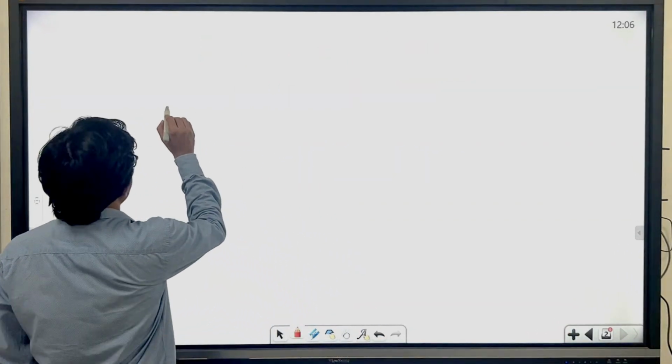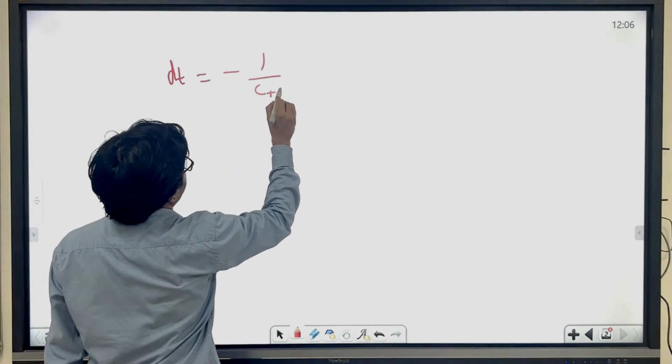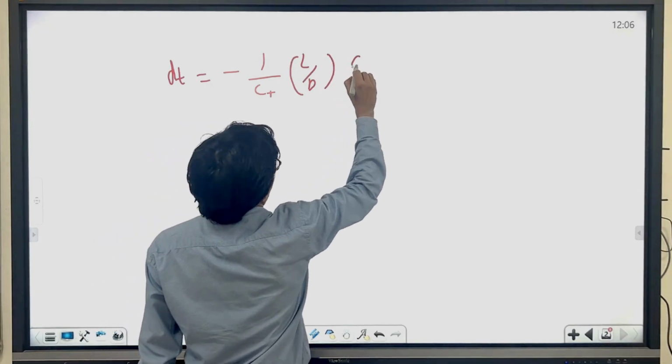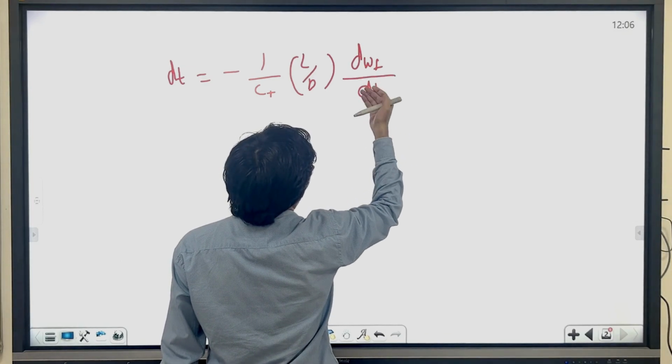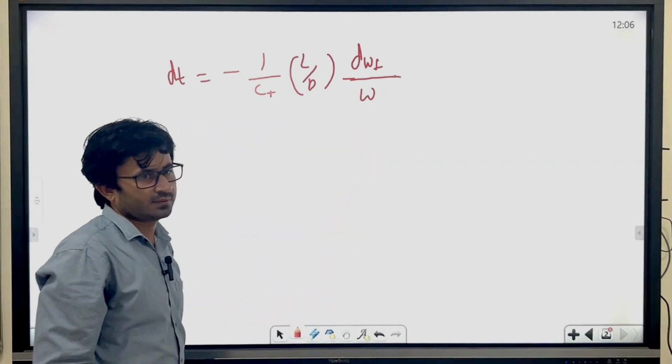So now I can write dt equal to minus 1 upon Ct, L by D, dWf by W.